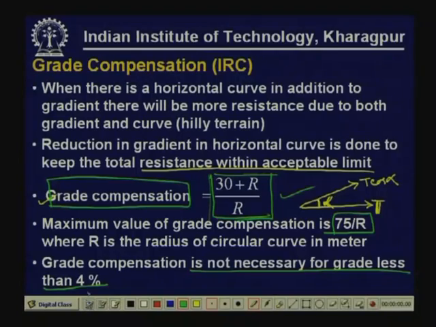So, if the theoretical calculation shows a grade less than 4%, we can only go up to 4%. It need not be used below 4% gradient. That is the grade compensation part.